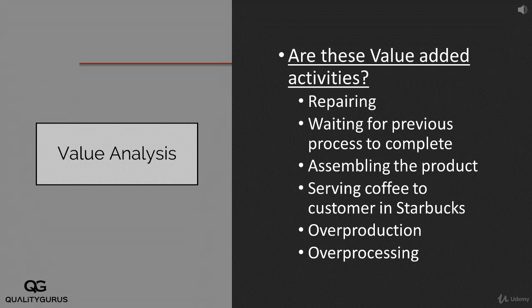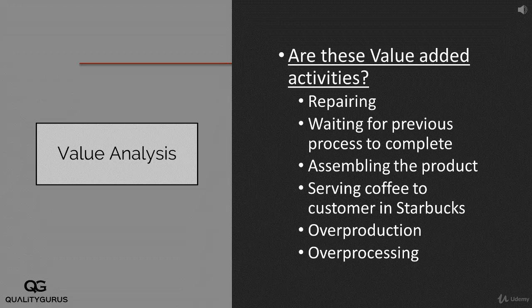That's a waste. Another type of waste here is over-processing. Over-processing is doing above and beyond what the customer is looking for. You might call this gold plating. Gold plating is where you are doing something for which the customer really doesn't bother. That also is a waste, and could be considered a non-value added activity.